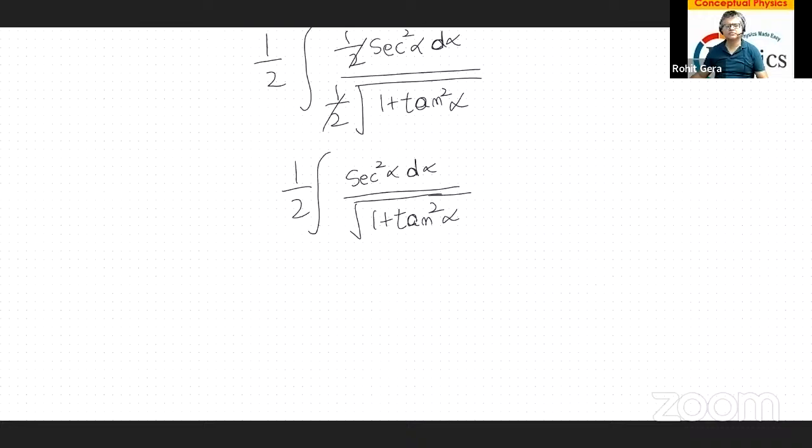This is secant alpha. Again, knowledge of trigonometry.